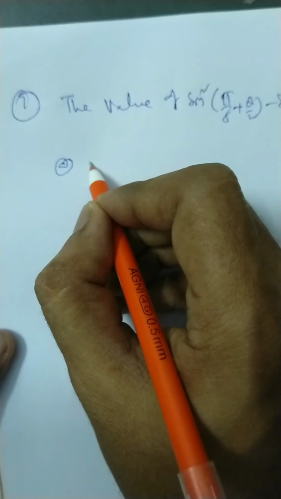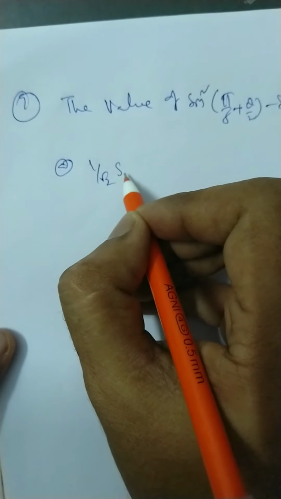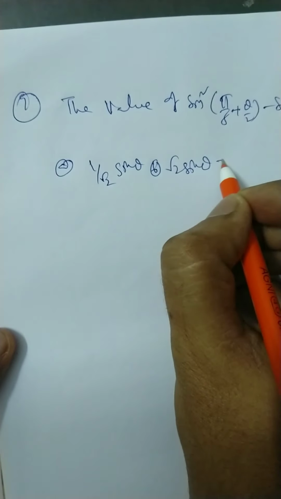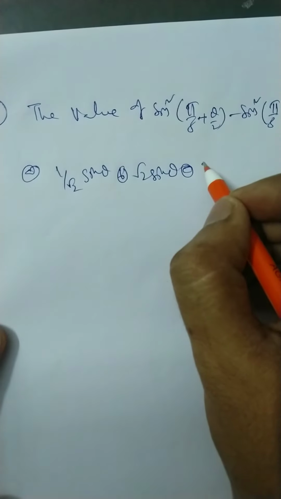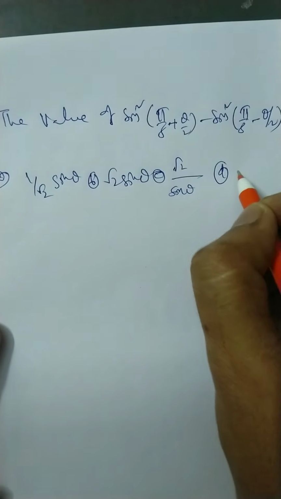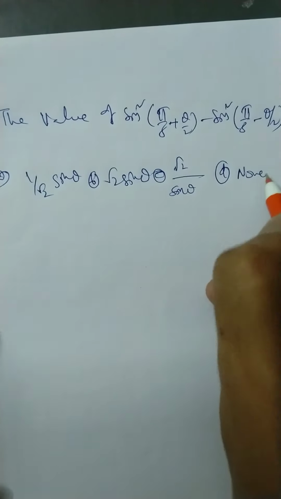The options are 1 by root 2 sin theta, root 2 sin theta, root 2 by sin theta, and d. Here the problem given to us is like this.